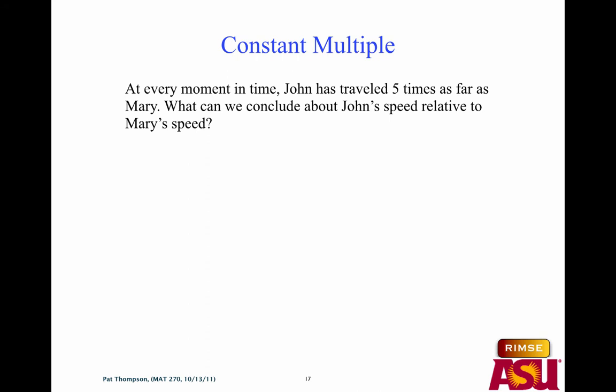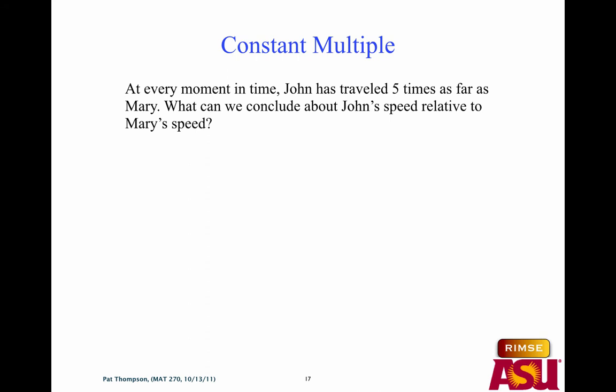But what happens if we're talking about a comparison between 2 functions? Let's for a moment switch gears to think about an actual situation. At every moment in time, John has traveled 5 times as far as Mary. What can we conclude about John's speed relative to Mary's speed?